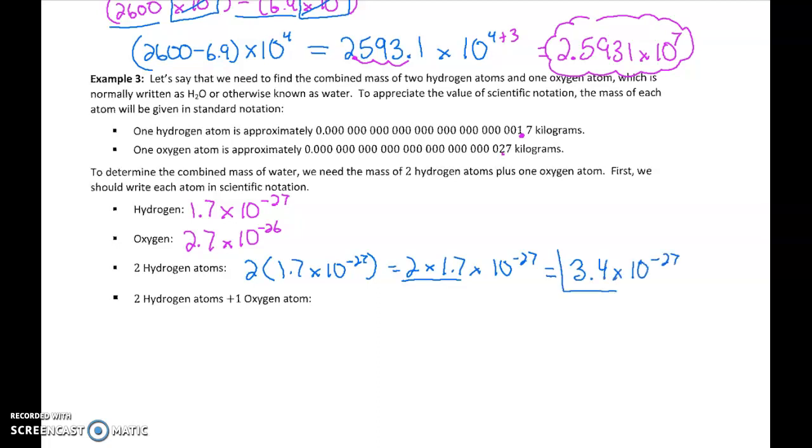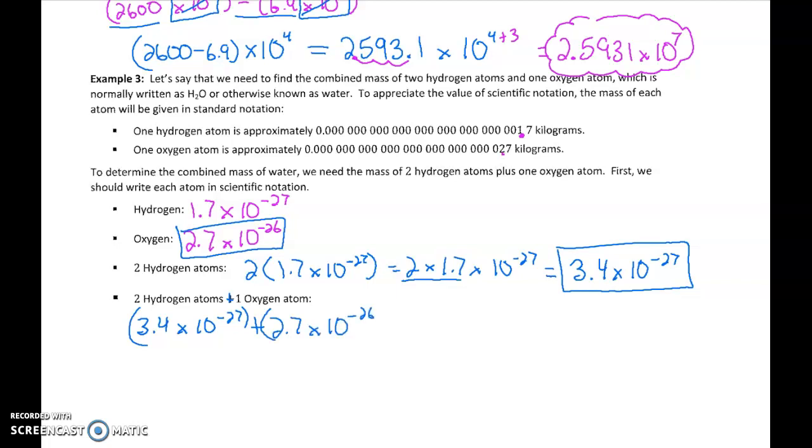And we're just going to leave that in scientific notation. So now we want 2 hydrogen atoms, which we have right here, and 1 oxygen atom. And if we want the combined weight, we're going to add them together. So 3.4 times 10 to the negative 27th plus 2.7 times 10 to the negative 26.